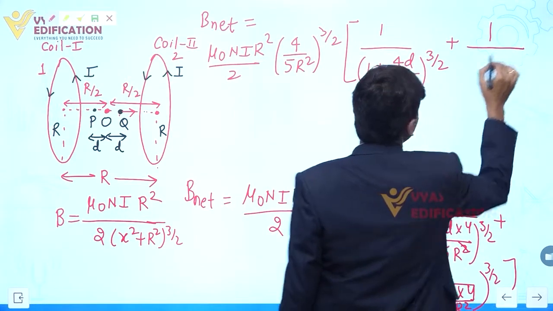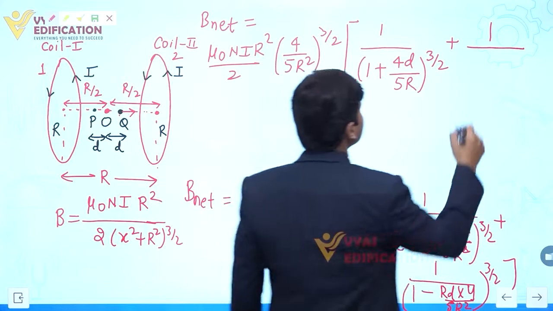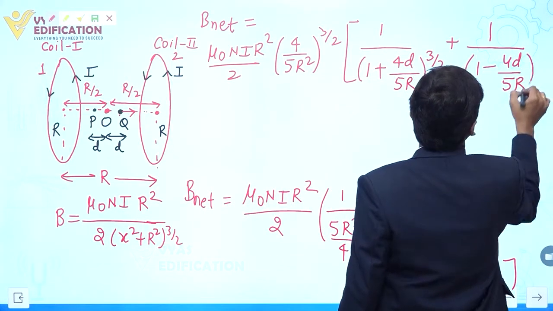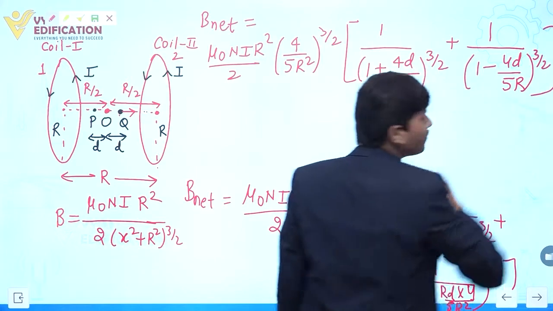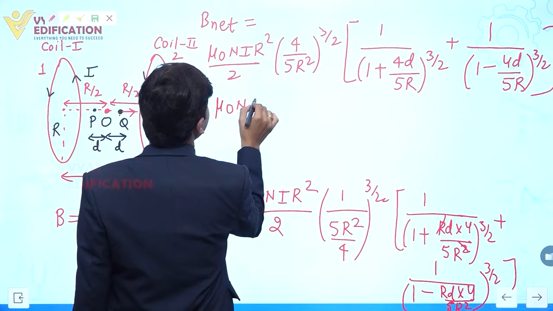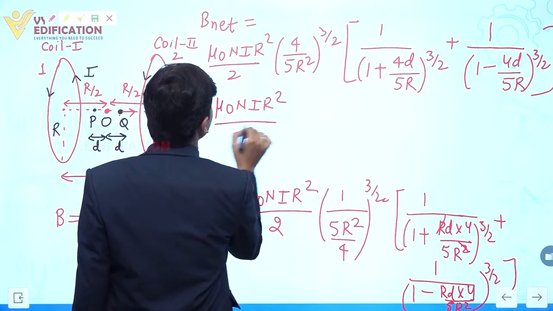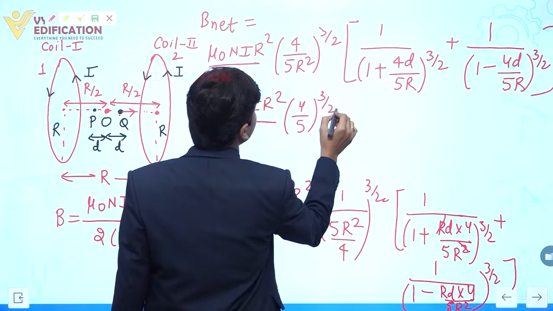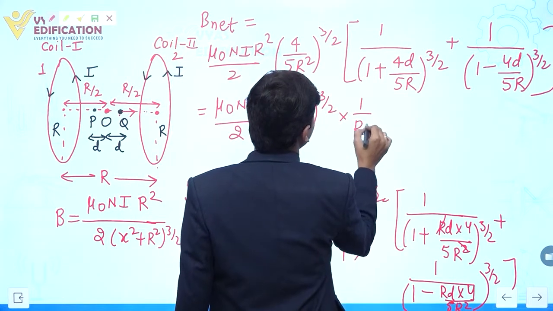Plus 1 upon 1 minus 4d divided by 5r, power 3 by 2. Clear? So now we have mu naught Ni r square by 2, and 4 by 5 power 3 by 2, and 1 upon r cube.